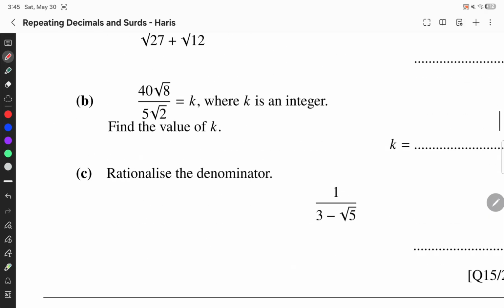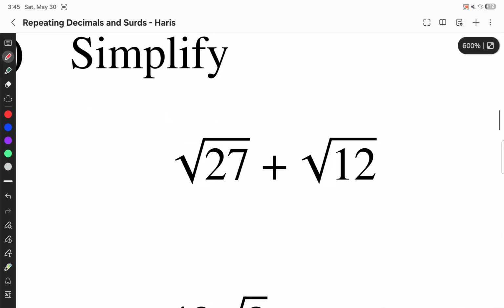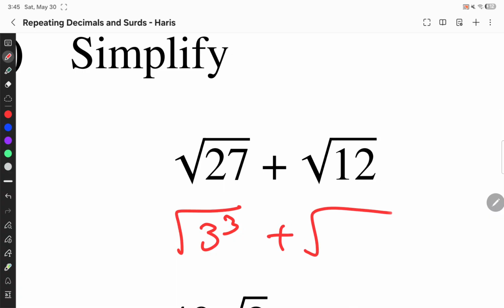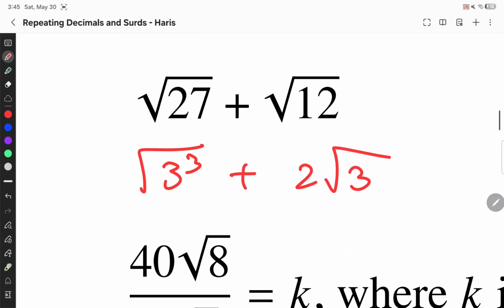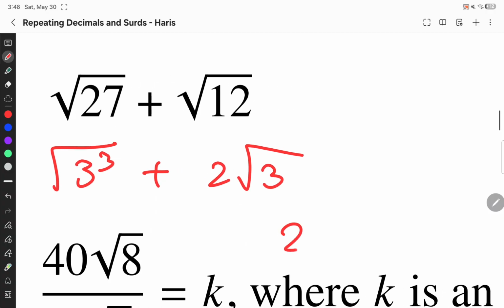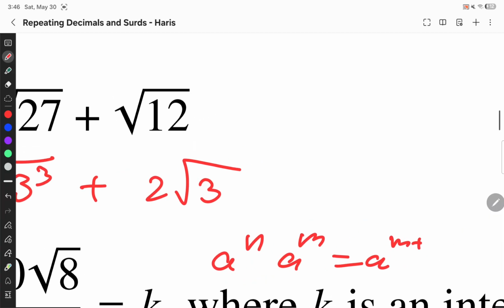Another example where we would use this. Here we have 3 squared and 2 squared 3. Here you can do this, this is trivial. This, however, what do we do? Recall that multiplication of an index of 2 numbers with the same base means we add the powers.